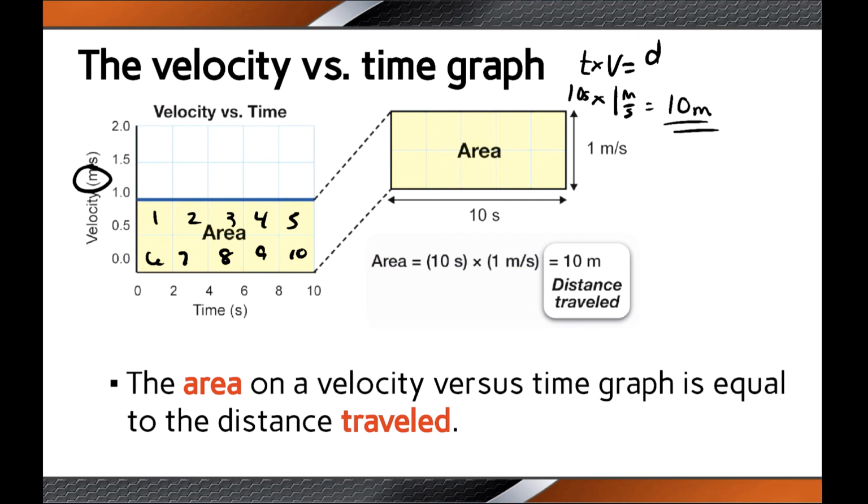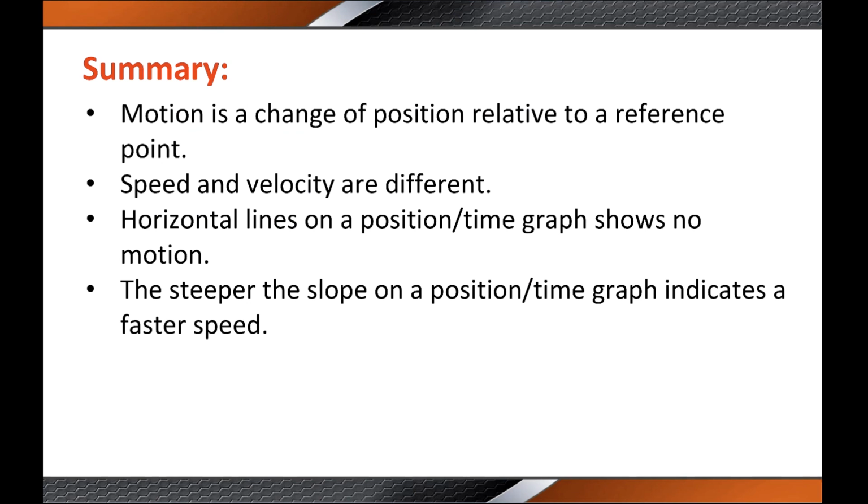All right, but that finishes us for this particular lesson. The items that you should have gotten from this: First, motion is a change of position relative to a reference point. 2, speed and velocity, they're different. Speed is a scalar quantity. Velocity is a vector quantity.